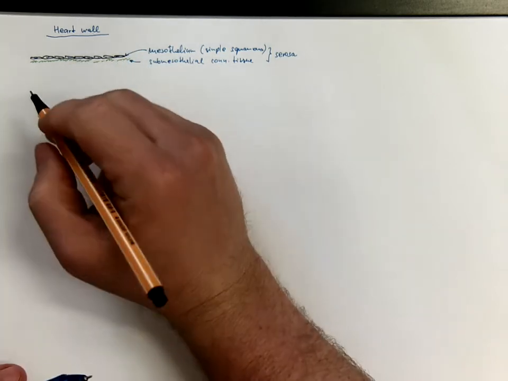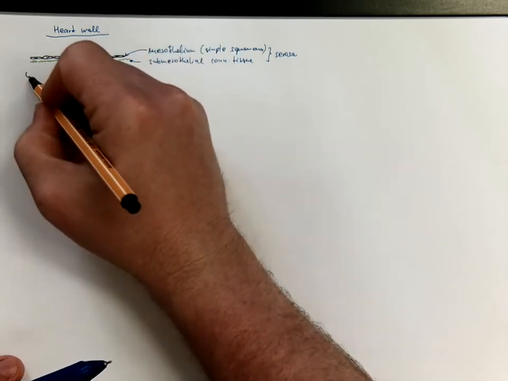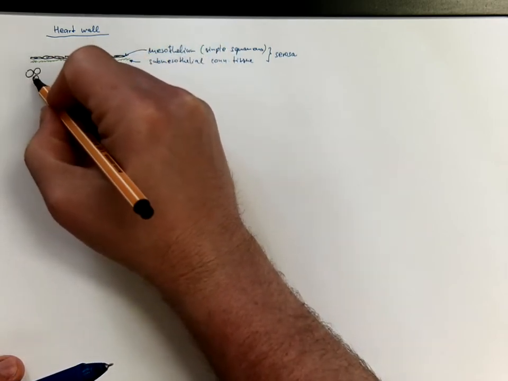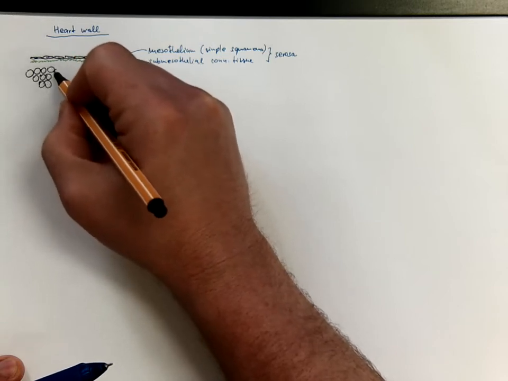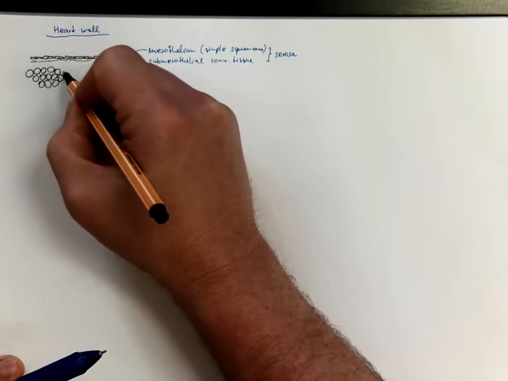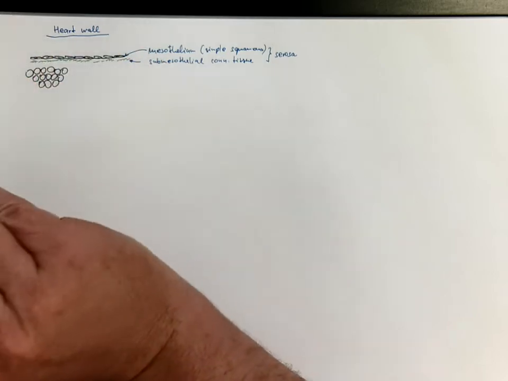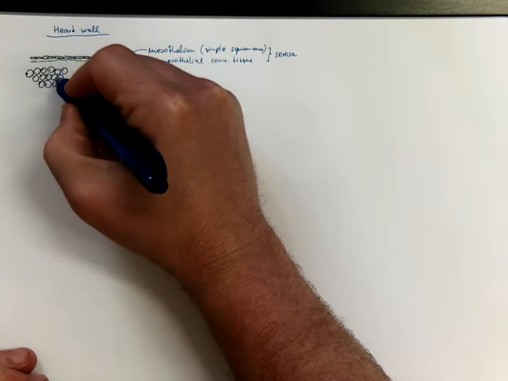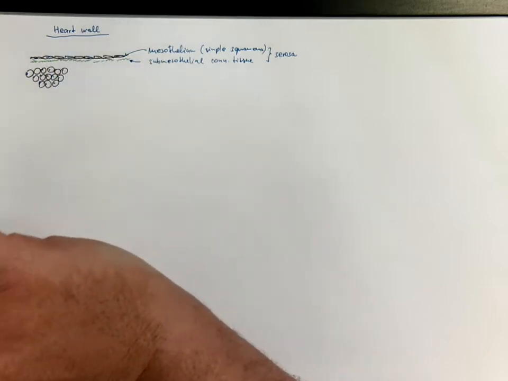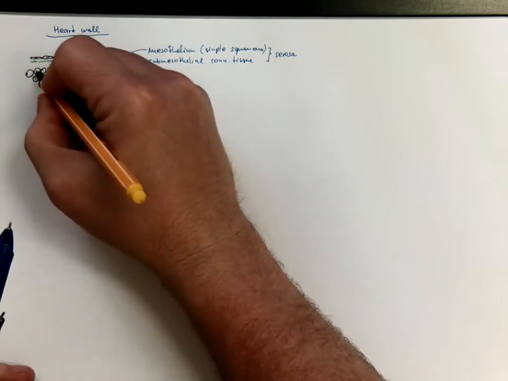Then we got a variable adipose tissue with the peripheral nuclei and vacuole lipids.